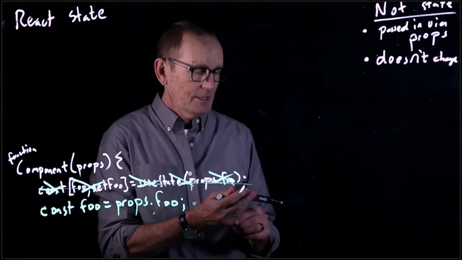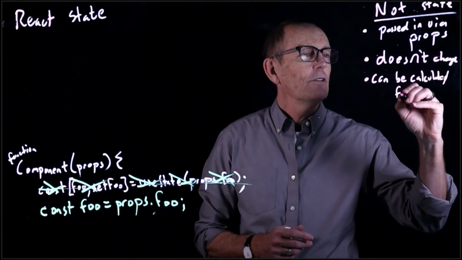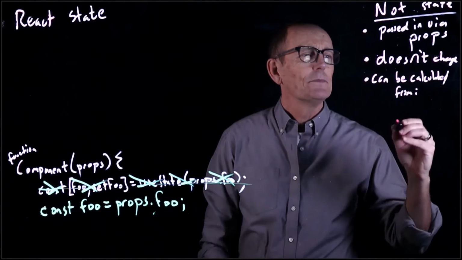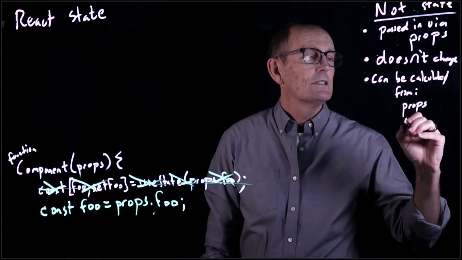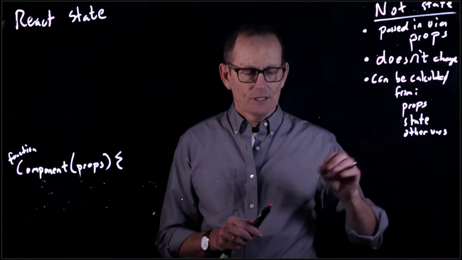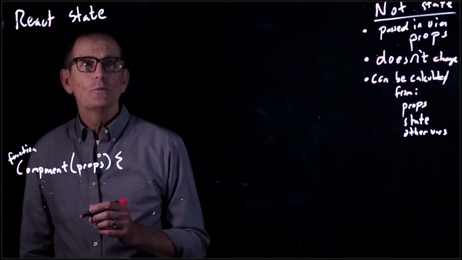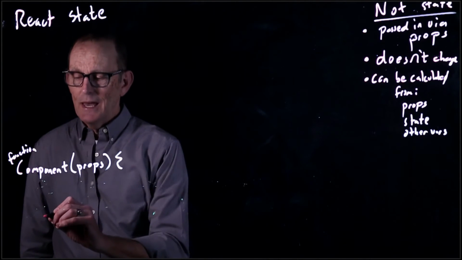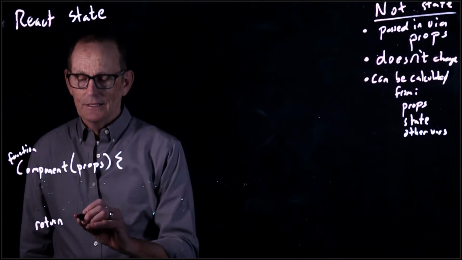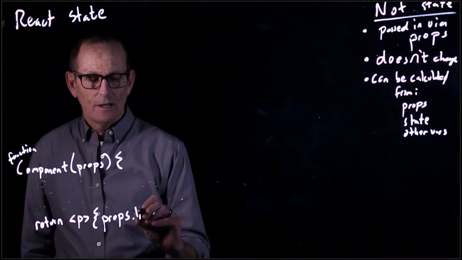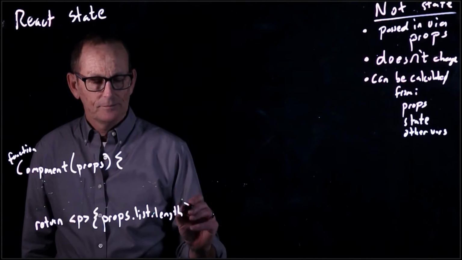And then the third case is if it can be calculated from props, state, or other variables. Let's look at this calculation. A good example might be, let's say you have a list and you want to display the length of the list. So that's props.list.length.